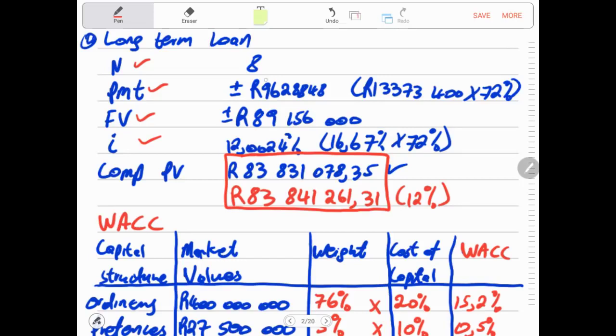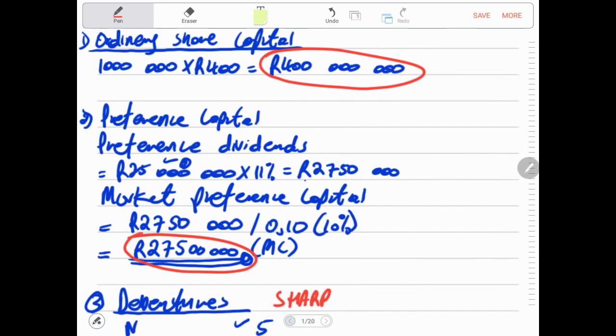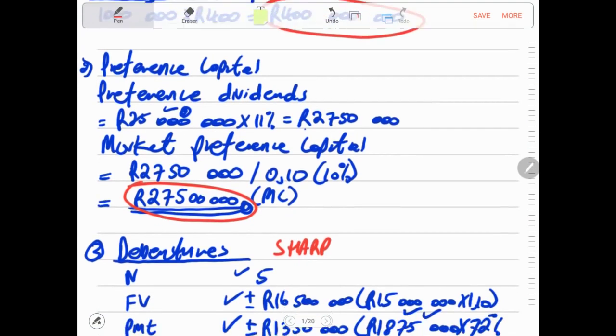But don't forget that your PMT must be after tax has been deducted. But this PMT is calculated according to the interest rate of the company, not the market. The only market interest rate that you take is the rate under the I line item. So be very mindful of that.